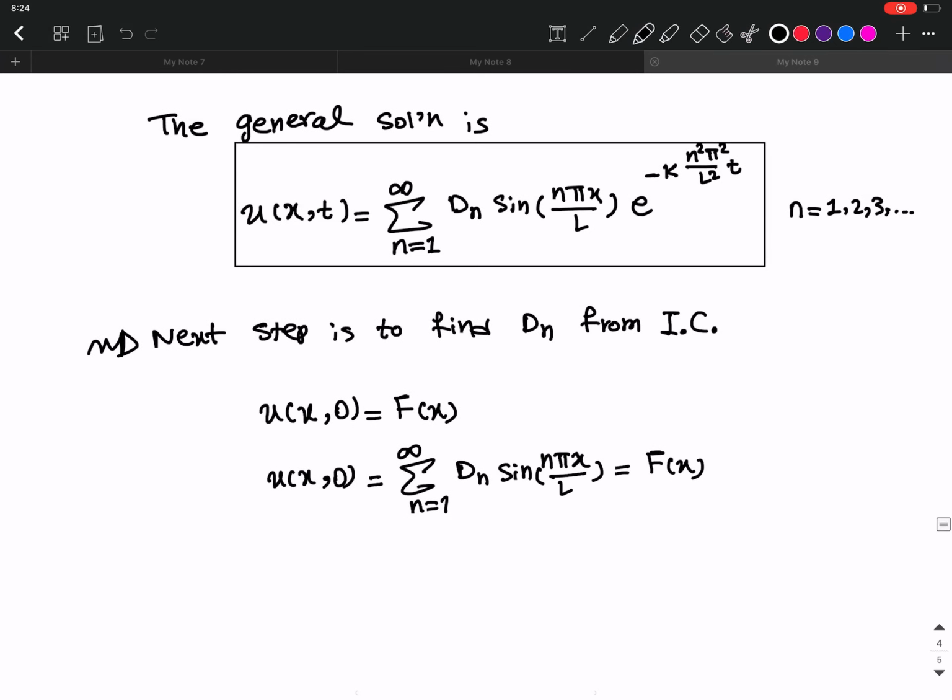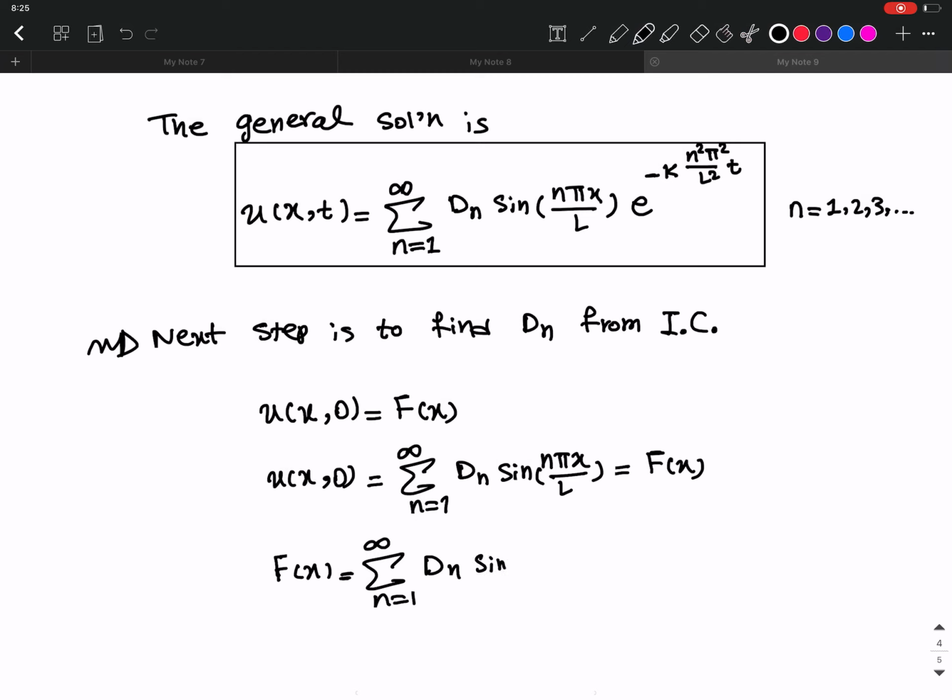Okay, so this initial condition is going to give me the information that f(x) equals these d_n's sum. So this is going to give me a relation between d_n and f(x), right?